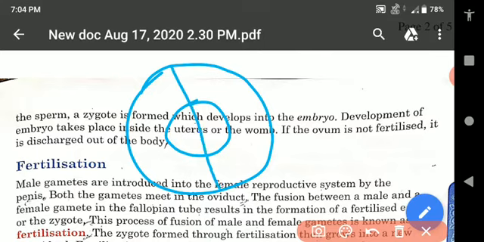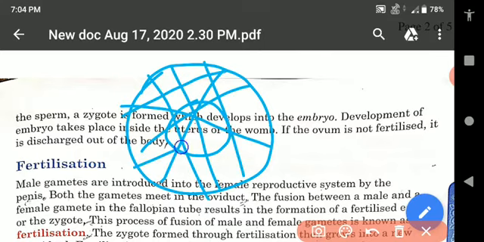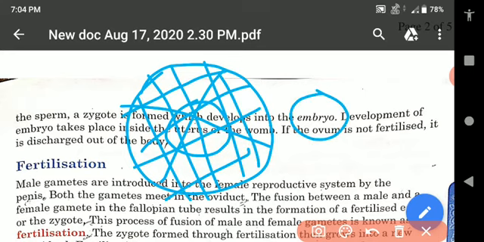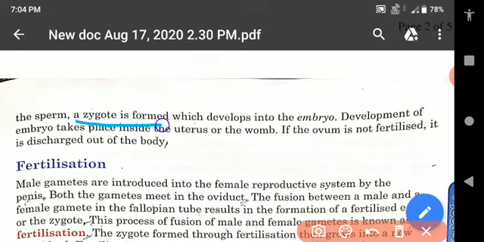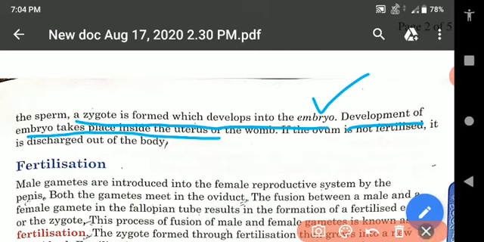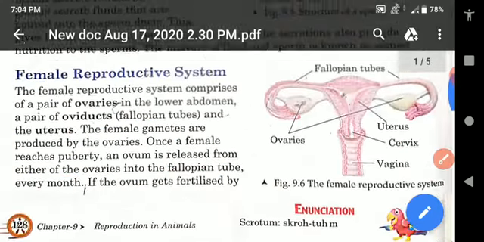When the zygote starts dividing and makes a ball of cells, it is called an embryo. So a zygote forms which develops into an embryo. Where does the development of embryo take place?